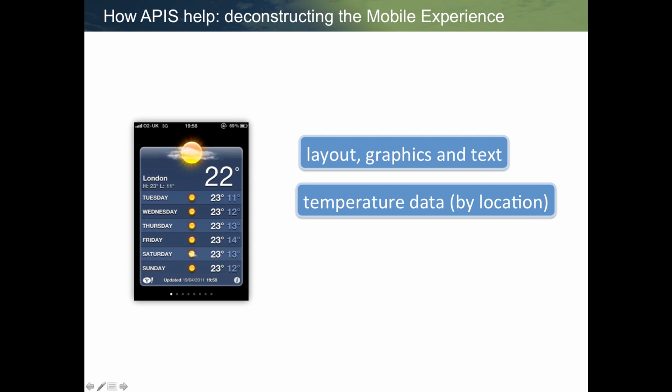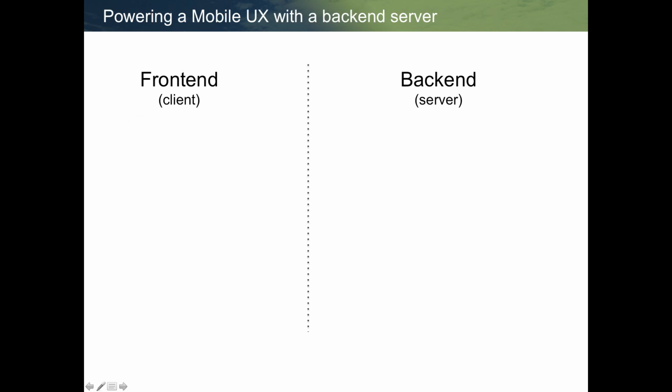We have a temperature, data by location, and there's user input. And the APIs will help us deconstruct what we're seeing here based upon what you would have previously done in, say, a web browser on your desktop. I'll go through the differences here.